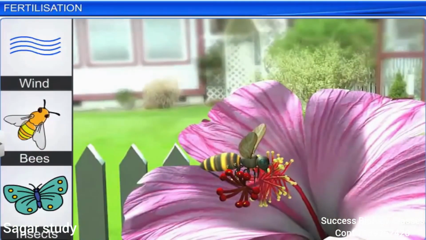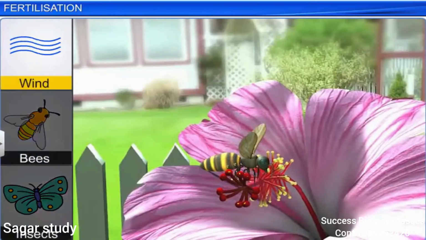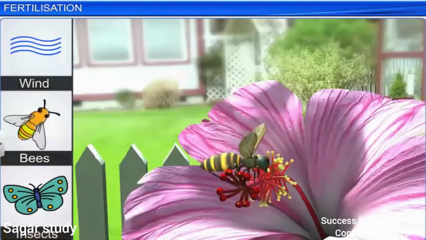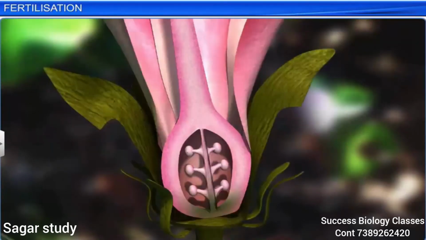These pollen grains, therefore, depend on agents such as the wind, bees, and insects to carry them to the stigma. When these pollen grains are deposited on the stigma, they germinate to form a pollen tube.